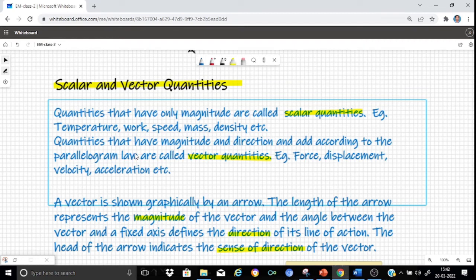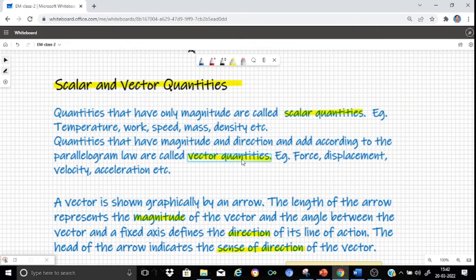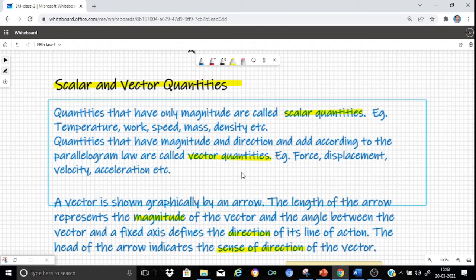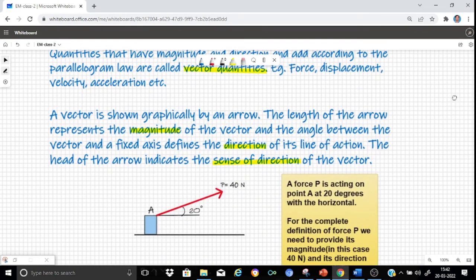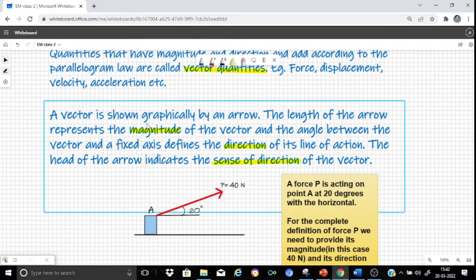On the other hand, we have quantities that have both magnitude and direction, and which need to be added according to the parallelogram law. These quantities are vector quantities. This means that to specify a vector quantity, you need to specify both the magnitude as well as the direction. Examples of vector quantities are force, displacement, velocity, acceleration, etc. Now remember that a vector is shown graphically by an arrow.